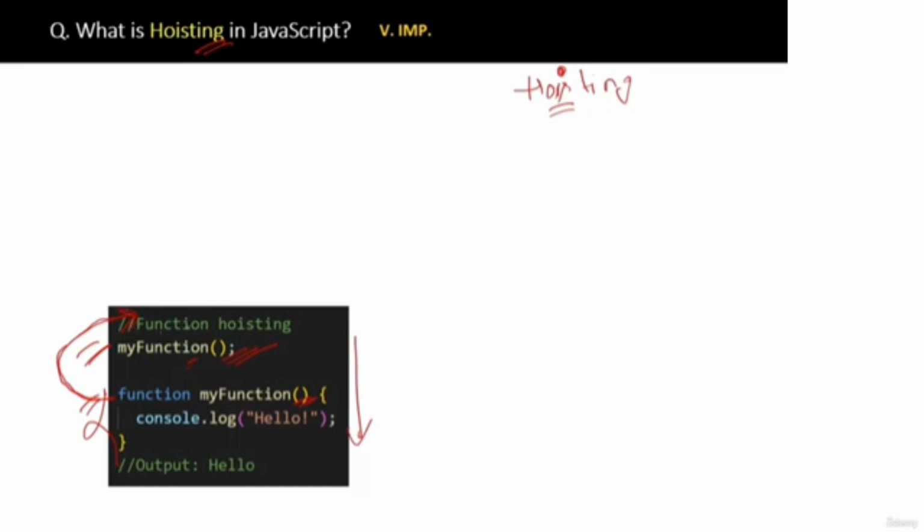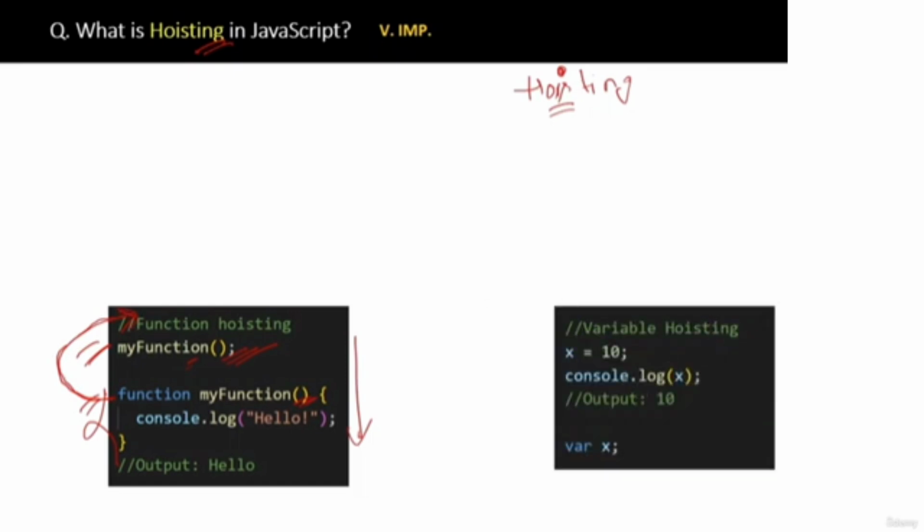One more example: this code where a variable is declared at the end will work and give the output. Again, hoisting will move the variable declaration to the top of the scope at compile time. So it will also work. But remember, the output with the let keyword will be different, because it does not allow hoisting, okay?